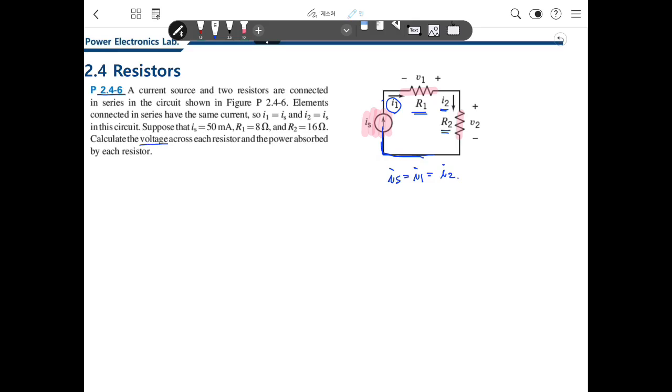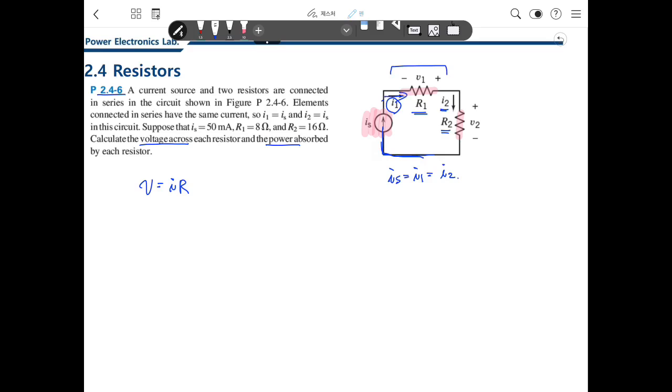Then we need to check the voltage and the power. To get a voltage, we should use what? Ohm's law, so V is IR. We define the direction of V1 here in this way.